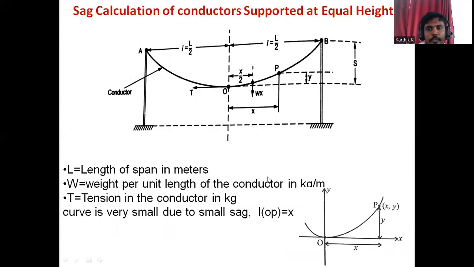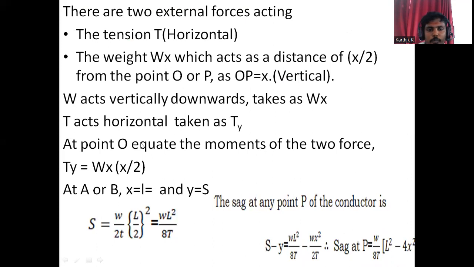Now we calculate the sag with respect to point P. At point P, the sag is S minus Y. We know that S equal to W L squared divided by 8T, and Y equal to W X squared divided by 2T.